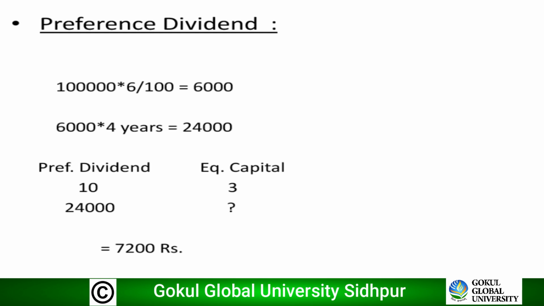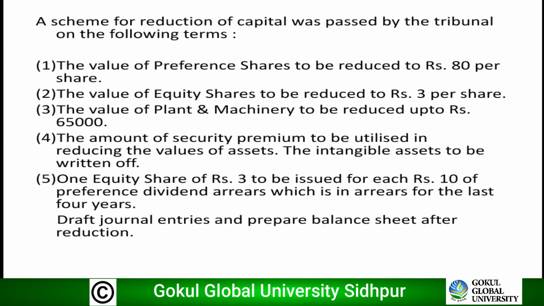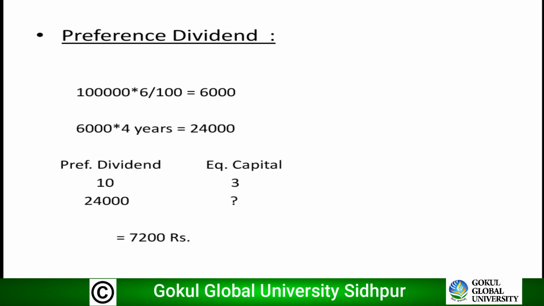See, there is information given that one equity share of rupees 3 to be issued for each rupees 10 of preference dividend. Means we have issued 3 rupees of equity capital in exchange of 10 of preference dividend. So we have to find out the amount of preference dividend.